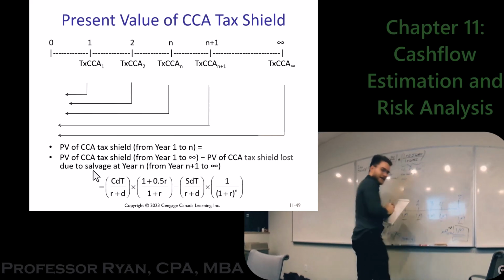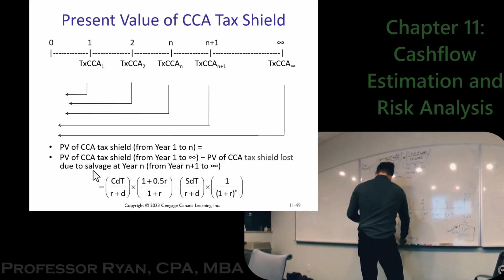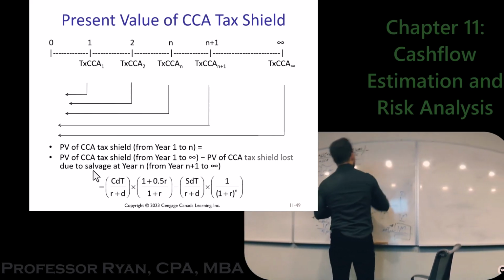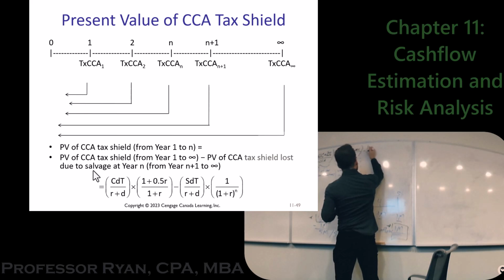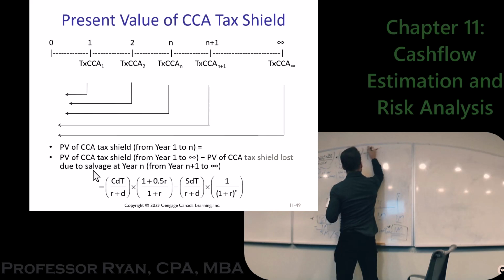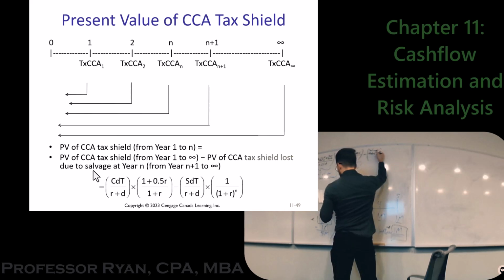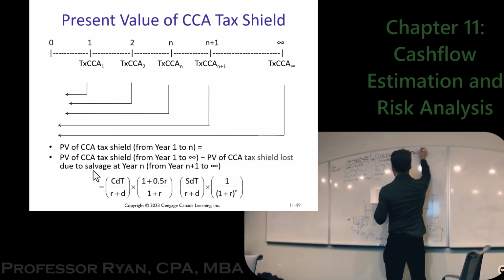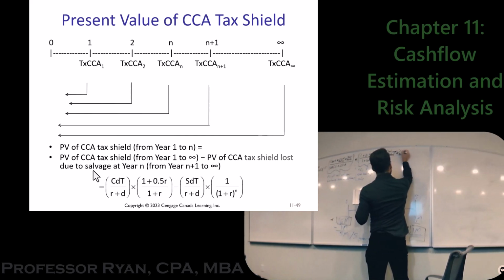And then, this is a four-stepper, we continue on, we subtract our salvage value. I'm going to stack these up, our salvage value, and we multiply that salvage value by the CCA rate. We multiply that by the tax rate, just like we did over there.